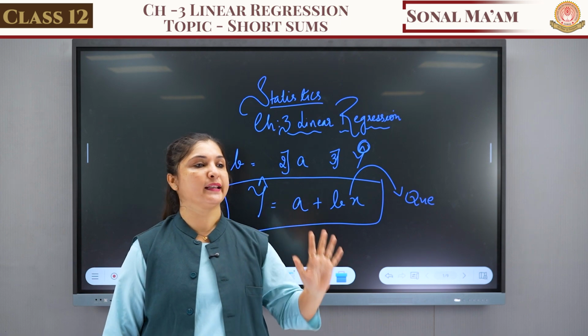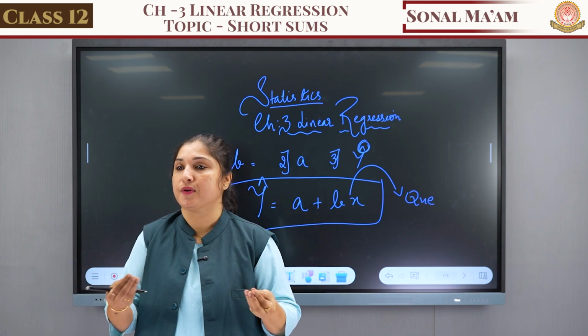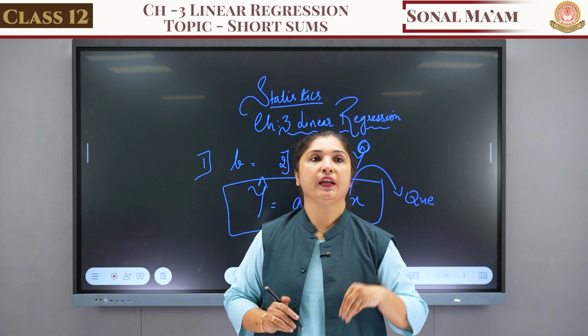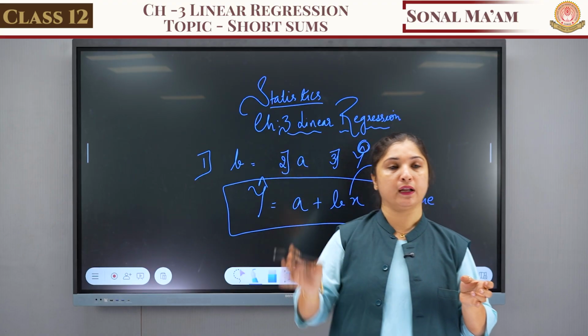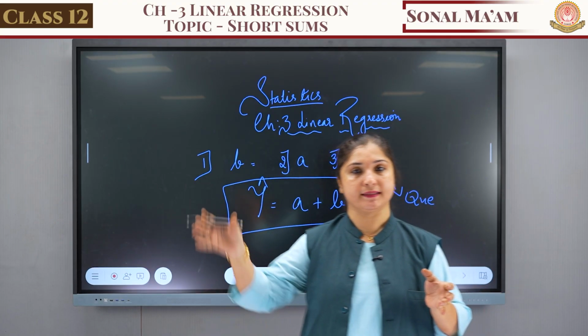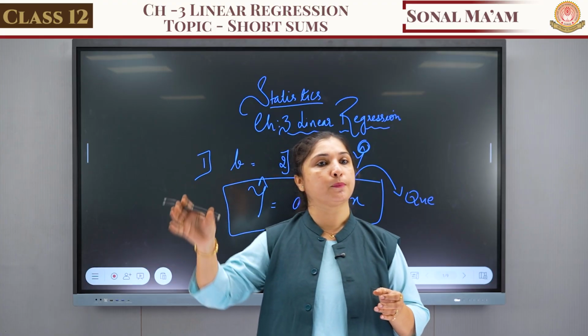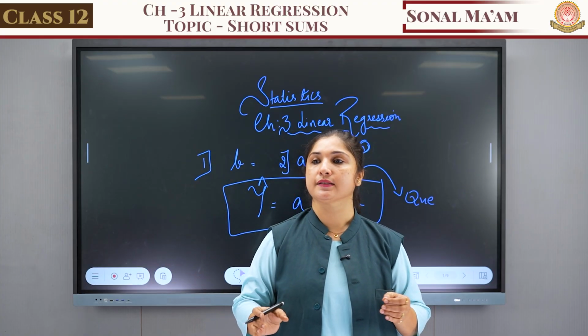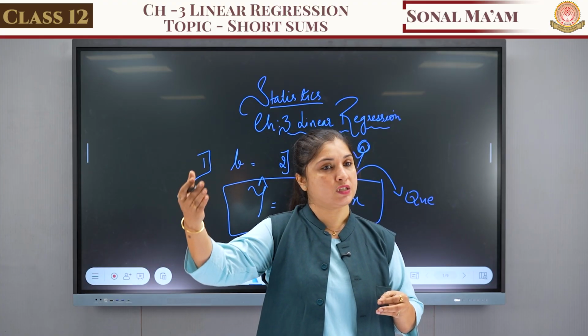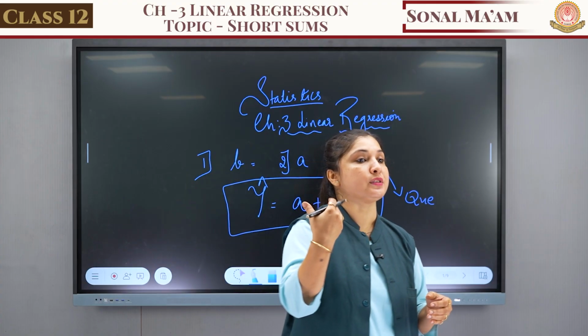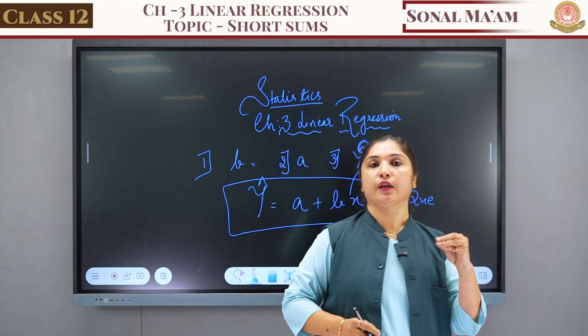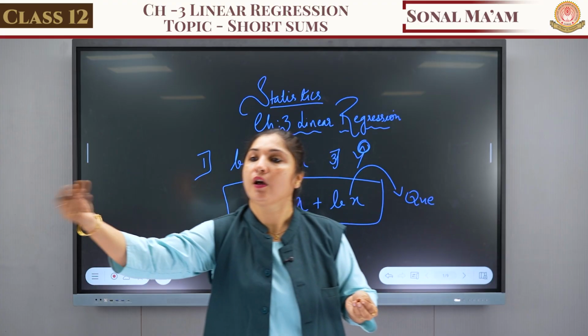So what do we basically find? We find y cap. Our main purpose is to find the estimated value. If I say x and y, we already know we have 2 variables, x and y. Suppose x is studying hours and y is result, means how much result you got depends on how many hours you studied. If you are studying for so many hours, what will be your result?